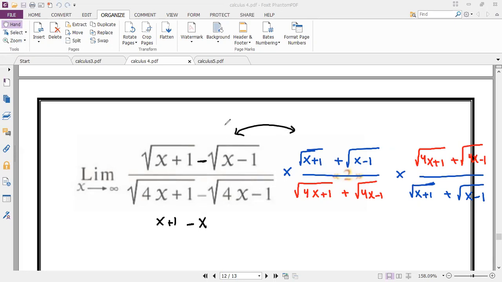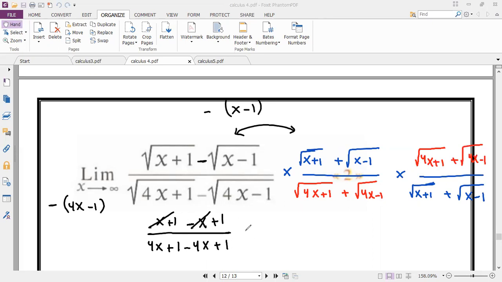And after multiplying them, it's x minus 1 multiplying by the negative. So it's a negative x plus 1, okay, over. Here it's 4x plus 1. And multiplying the square root here by this square root, it's 4x minus 1. And we have negative in front of it. So it's negative 4x and then plus 1, okay?